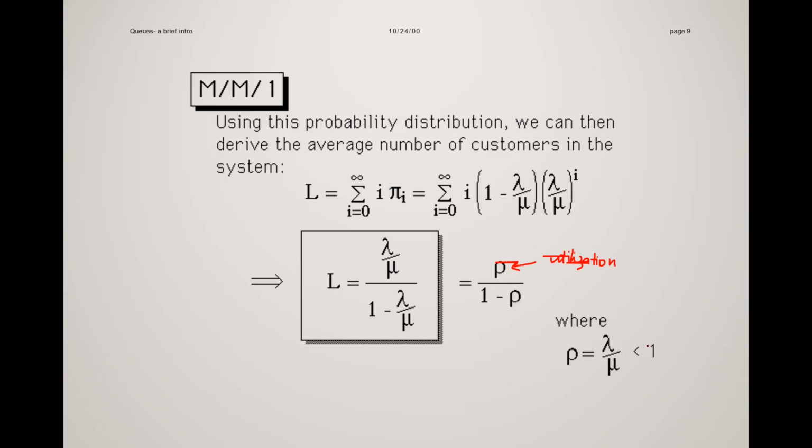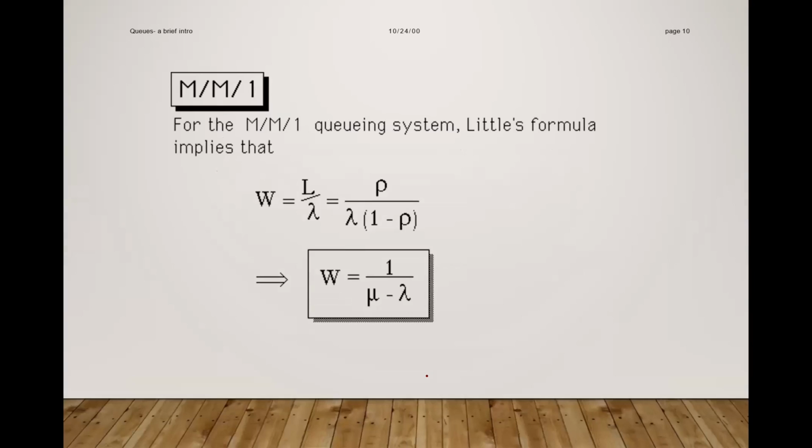Okay, that should be less than 1 because we assume that mu is greater than lambda. Okay? So for the M/M/1 system, this formula implies that W equals L over lambda, or 1 over mu minus lambda. Yeah, that's very easy. And it's very intuitive, right?